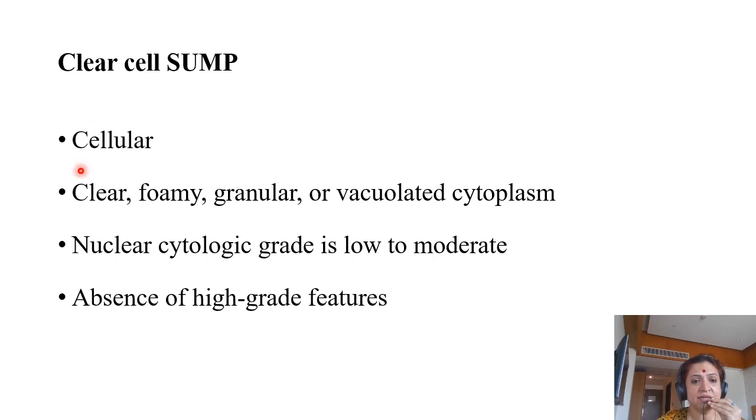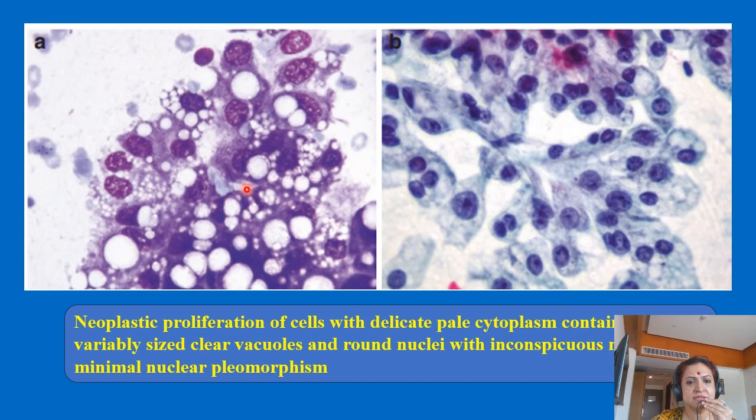It is cellular with clear, foamy, granular or vacuolated cytoplasm, and nuclear cytology grade is low to moderate. See, there is absence of high grade features, because if we get high grade features, then that lesion doesn't fall under SUMP. So this is an example of how a clear cell SUMP looks like.